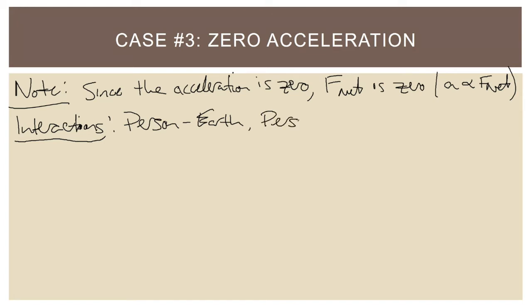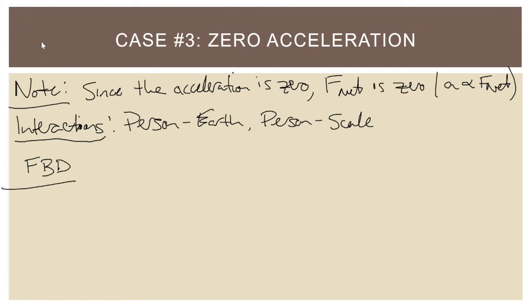and the person-scale interaction. And as we said in the slide that we showed before the last one, the information about the acceleration can give you information about the net force, which gives you information about the relative size of the forces.